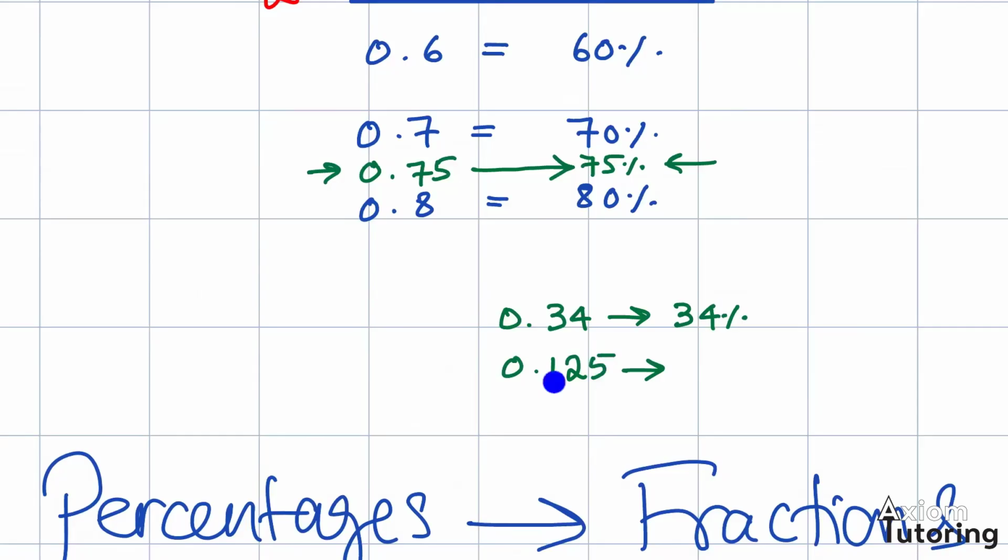If we had 0.13, we know that that would be 13%. So 0.125 must be 12.5%. And that is that when you get to the third digit, you go into the decimal percentages.